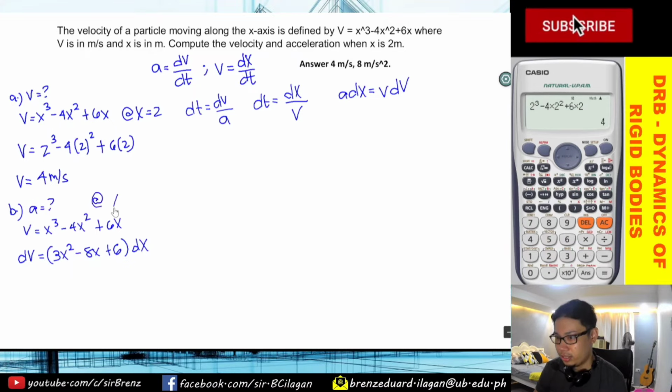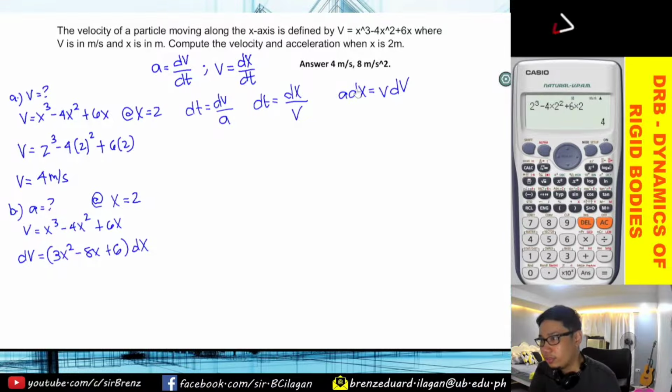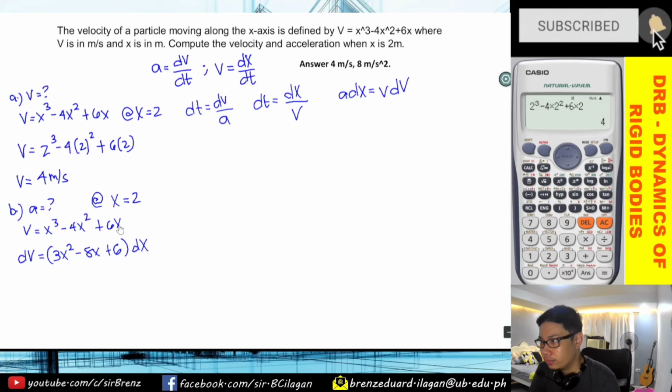So, at x is equals to 2. So, kailangan ko lang gawin guys is mapagmukha ko siyang ganito siguro. Ayan. So, para mapalabas natin yung equation na yan. Okay, so try natin to.